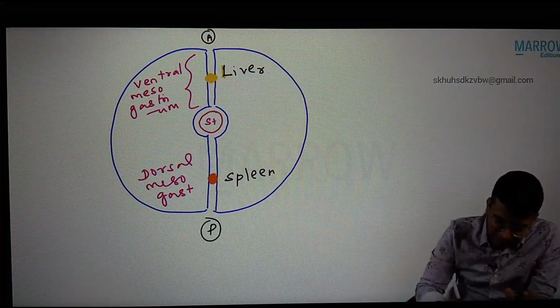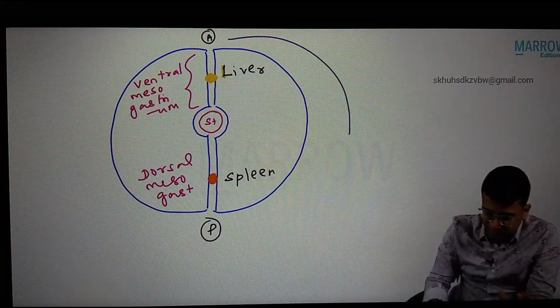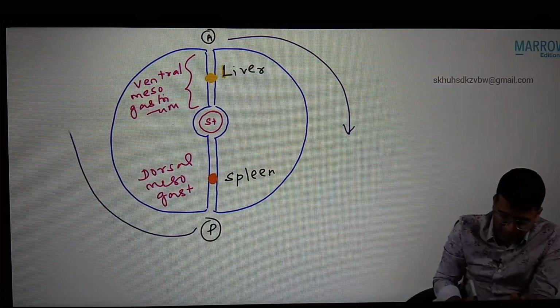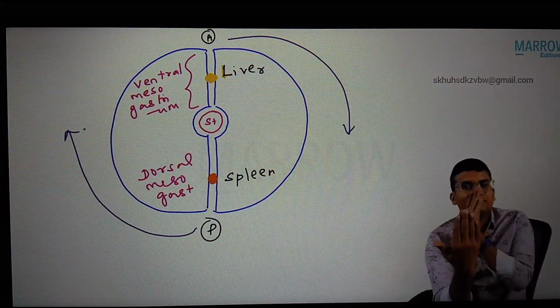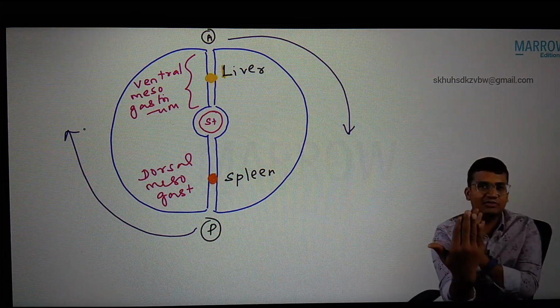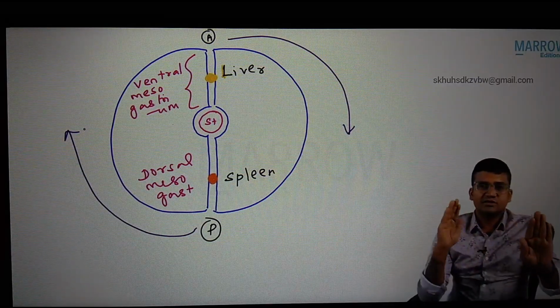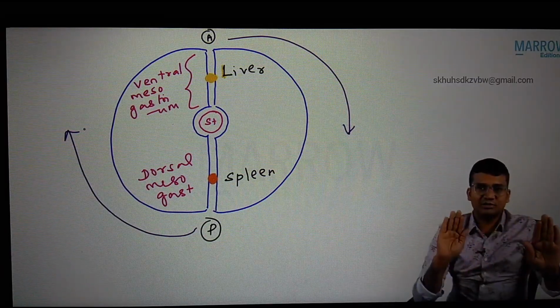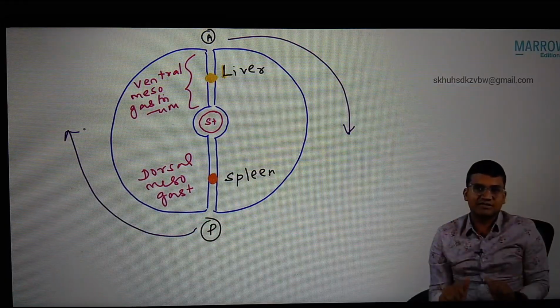Because of the rotation of the stomach in the clockwise direction, the liver will come to the right side and the spleen will go to the left side. Imagine my right hand is the liver and my left hand is the spleen. Right hand, liver in the front side, spleen on the back side. Rotation in the clockwise direction like this, so the liver comes to the right side and the spleen goes to the left side.